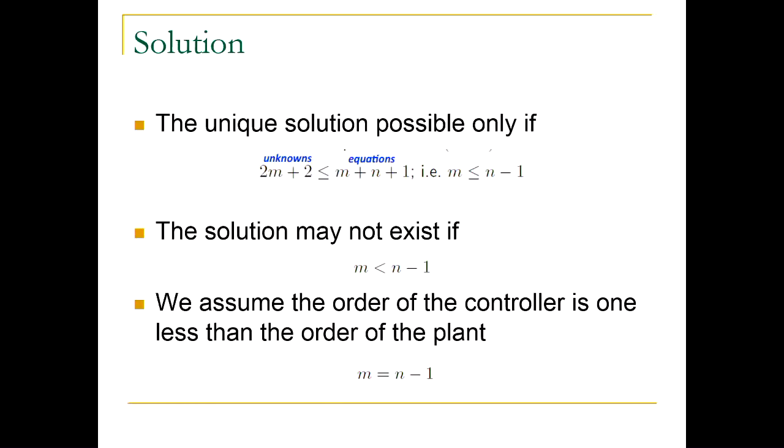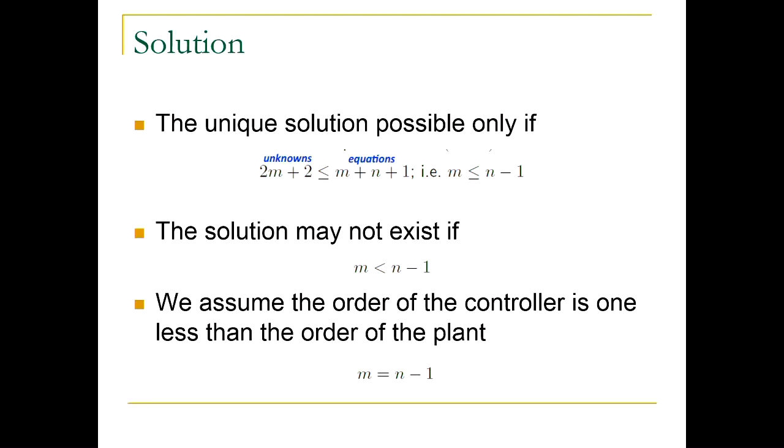By the way, we didn't yet specify the orders of polynomials L and P. The controller may have so many poles and so many zeros. The question is, how do we choose this? The choice has to do with the number of equations we need to solve and how many parameters we have at our disposal to play with.